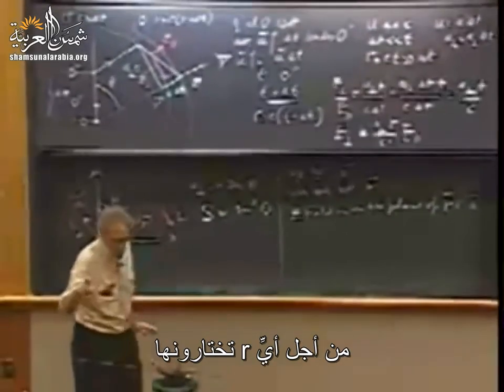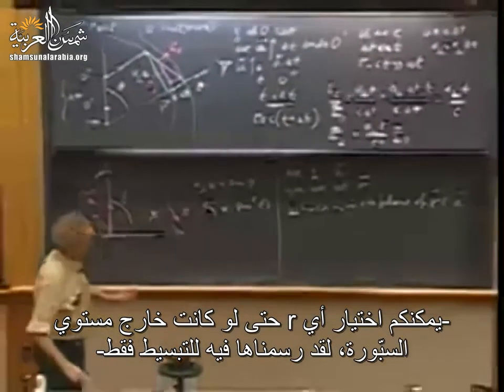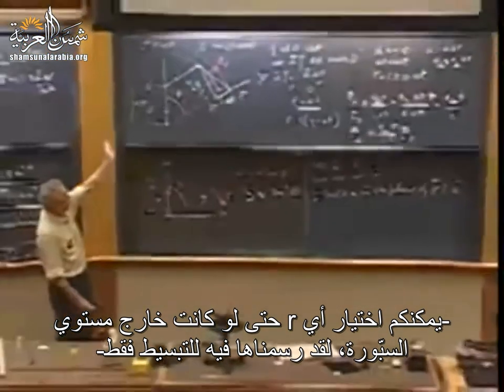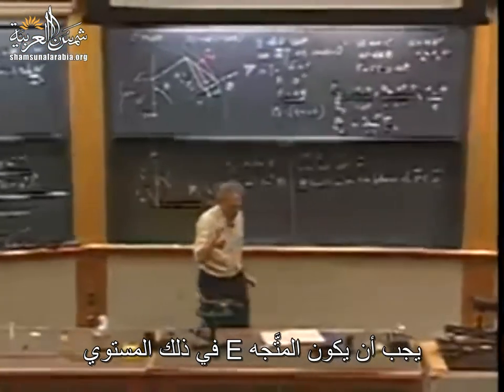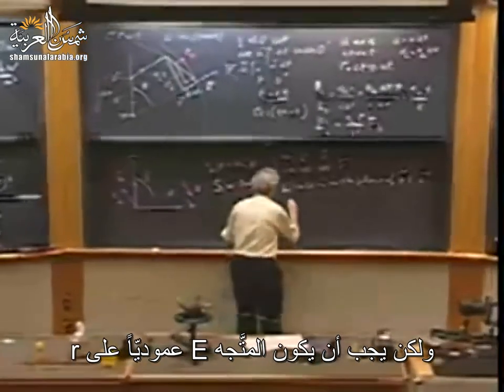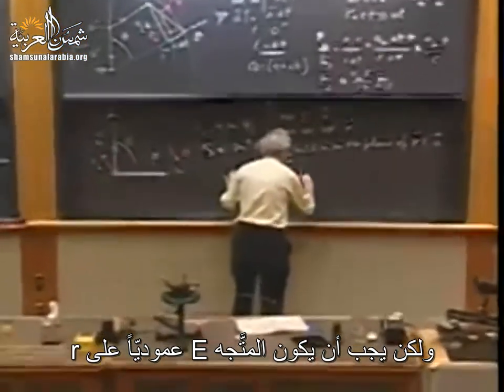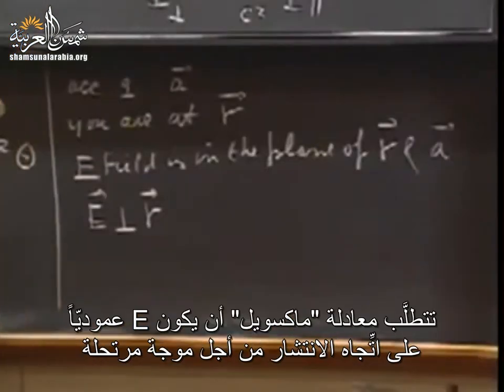Whatever R you choose, you may choose any R you want to, also outside the blackboard, of course. This is just for simplicity. The E vector must be in that plane, but the E vector must be perpendicular to R. Maxwell's equations demand that the E vector is perpendicular to the direction of propagation for a traveling wave.